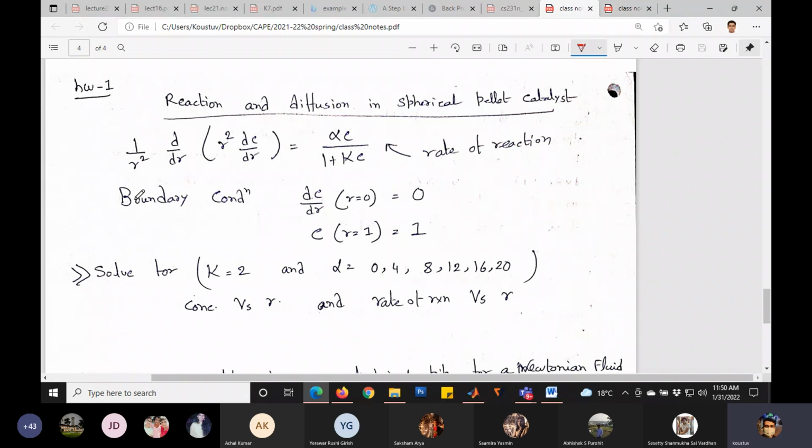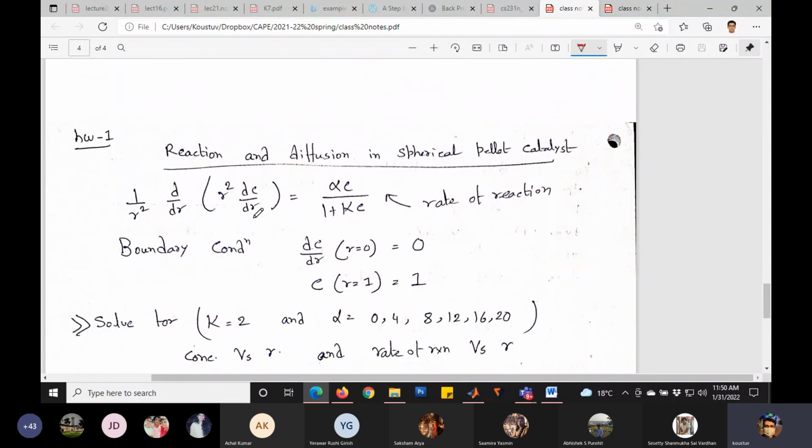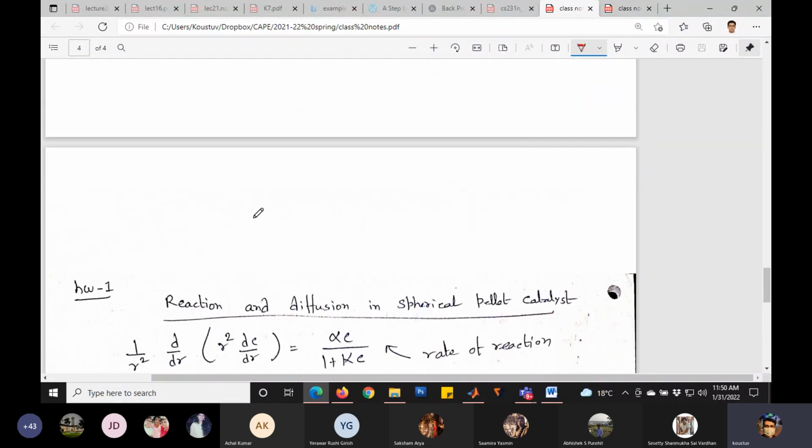What we have done here is reaction. First, though I have written reaction, let me discuss the easy case, that is the diffusion across a flat slab. There also we will come across the negative sign. I'm not considering it, just making it 0.